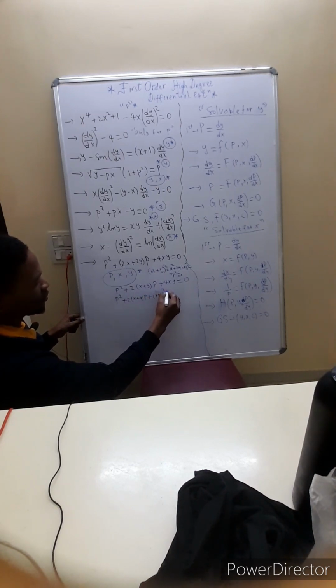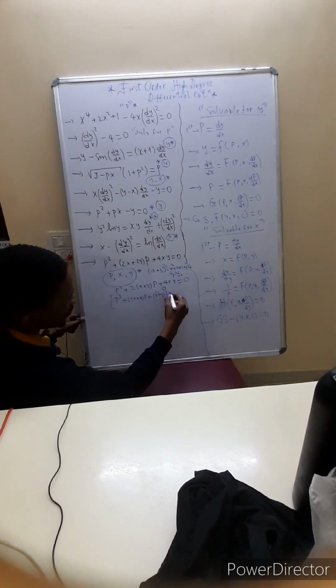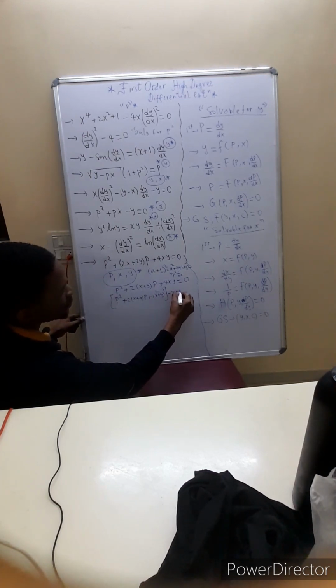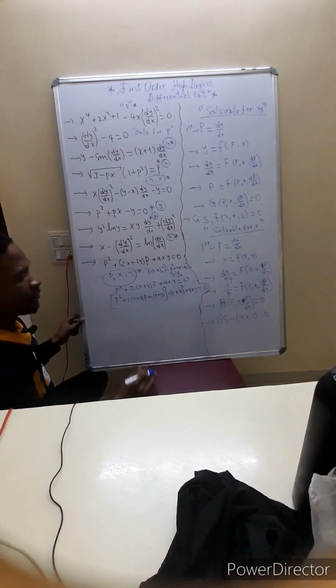plus y squared. Now that I add this x plus y squared, I have to take x plus y squared, then put this one plus 4xy, equal to 0. You see?